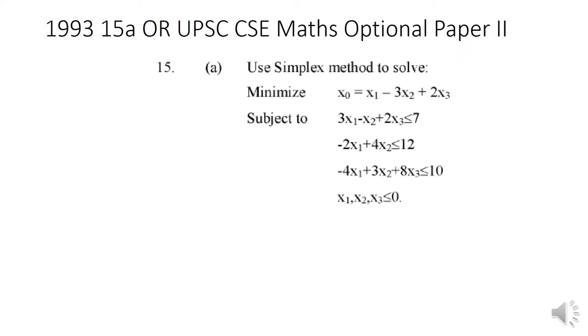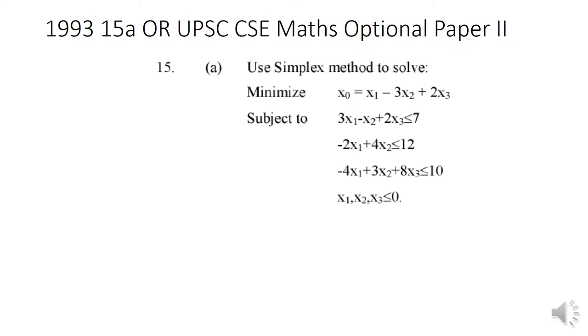In this video, question 15A of 1993, Operations Research, UPSC CSE Maths Optional Paper 2. Use simplex method to solve. This is a minimization problem, so this can be done in two ways. One, we keep it as a minimizing problem.